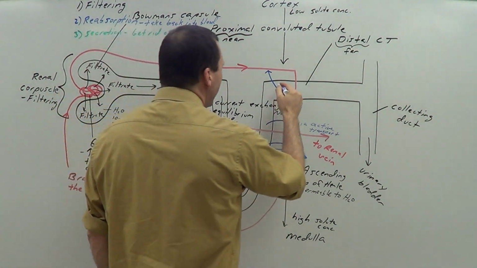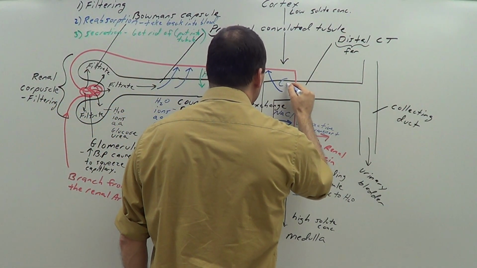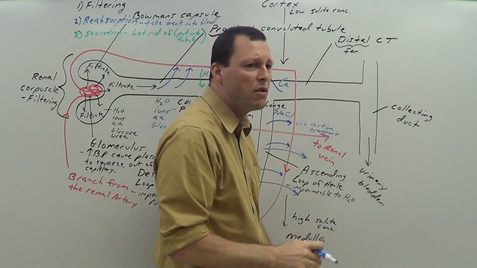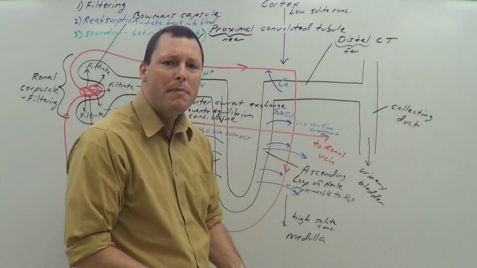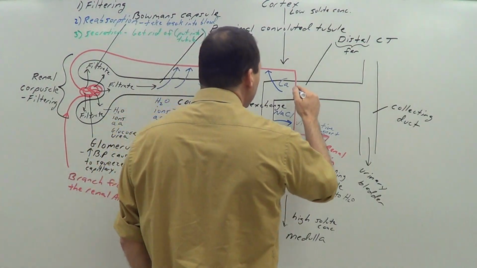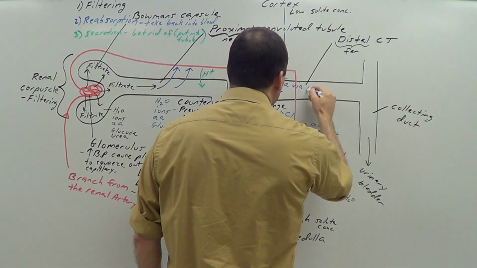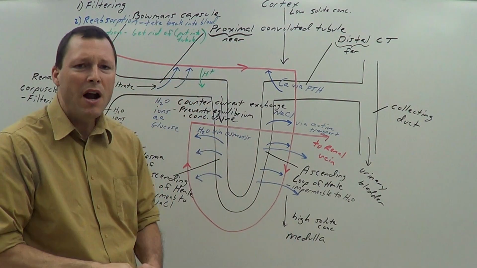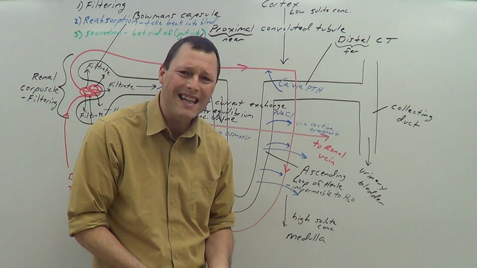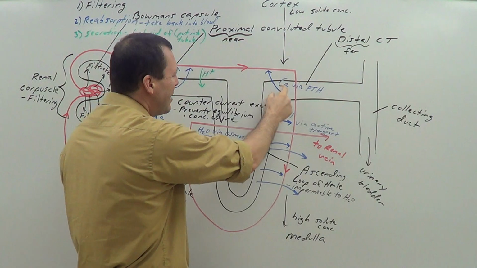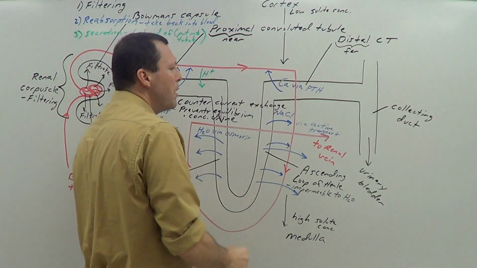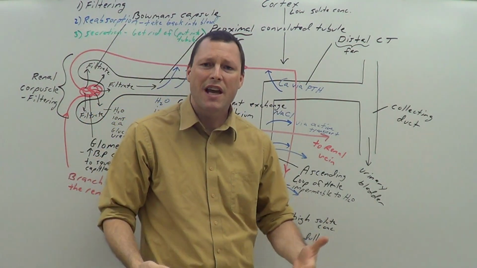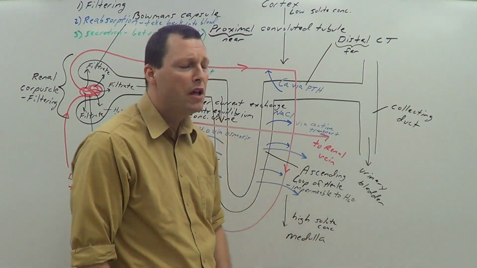I'm using blue, and that's going to be calcium. And this is going to be under the direction of parathyroid hormone, or PTH. So the more parathyroid hormone that is released, the more of the calcium is going to get reabsorbed into our blood to help maintain those calcium levels for proper nerve and muscle function.